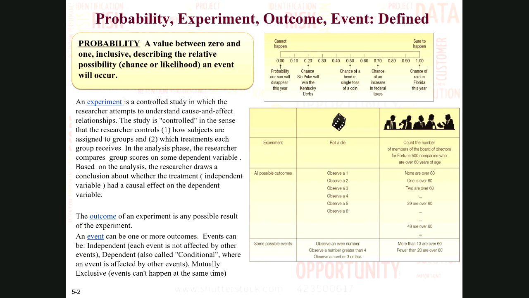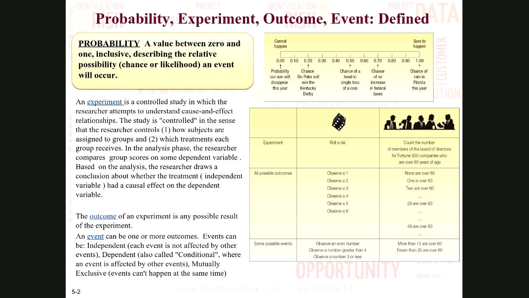Okay, so as the lady in the video pointed out, you can have a line that goes from 0 to 1, or it's 0% to 100%. And just along the line, the probability that our sun will disappear this year, that's 0. A 20% chance a slowpoke will win the Kentucky Derby.